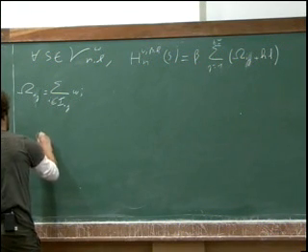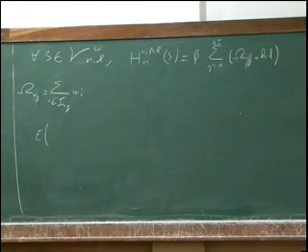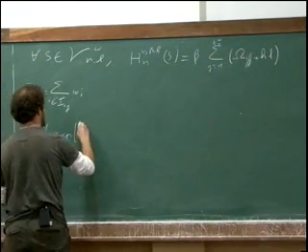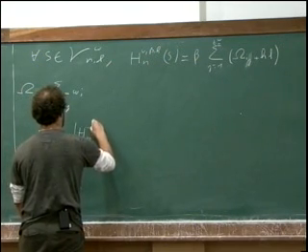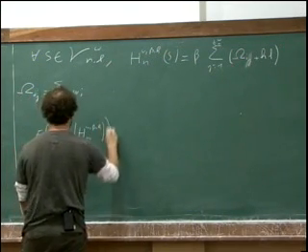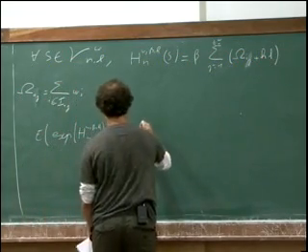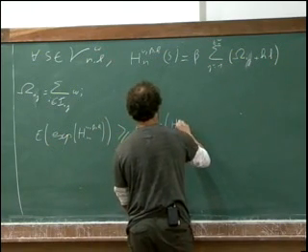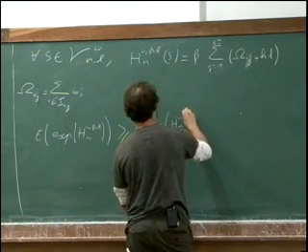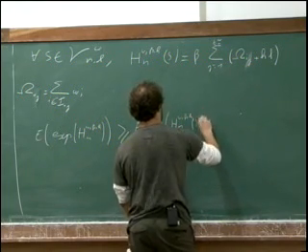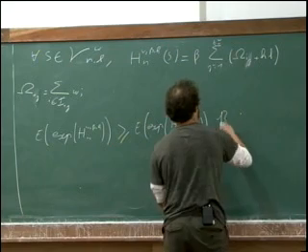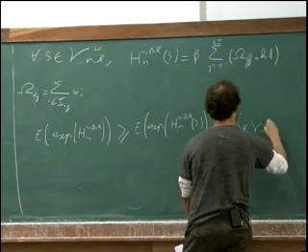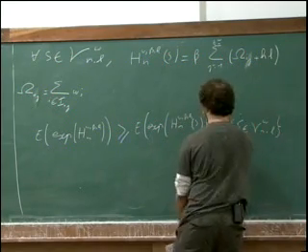So the expectation of exponential of H n omega beta is going to be larger than the same quantity, so the partition function restricted to the trajectories in V N L omega, so S in V N L omega.